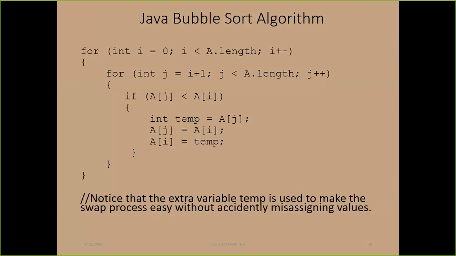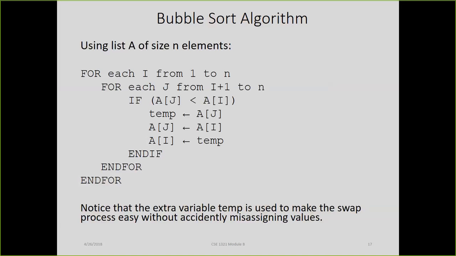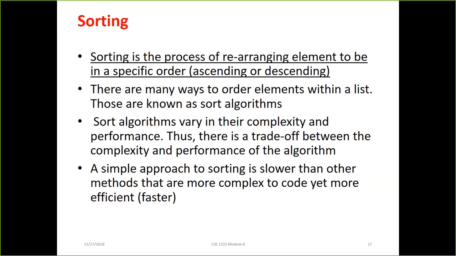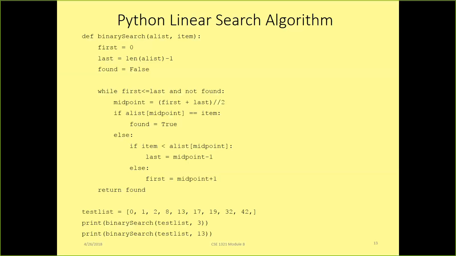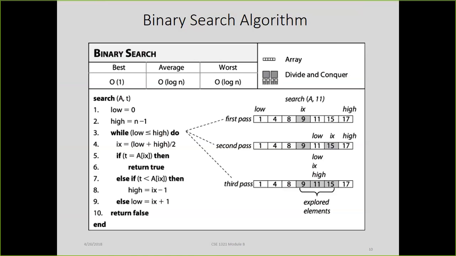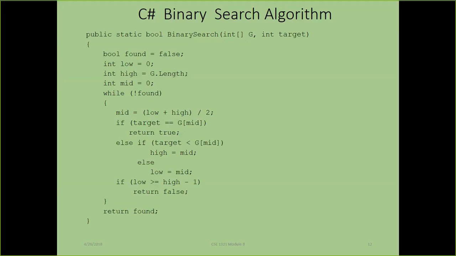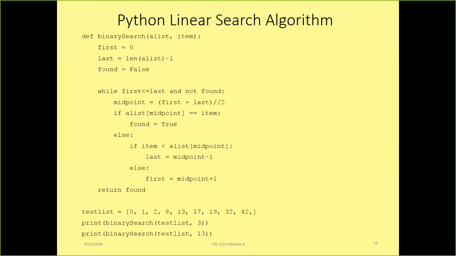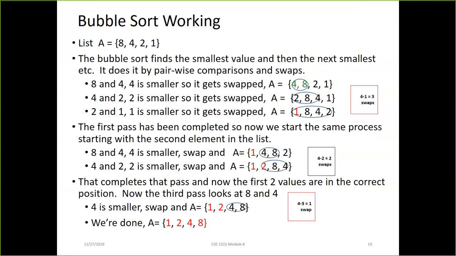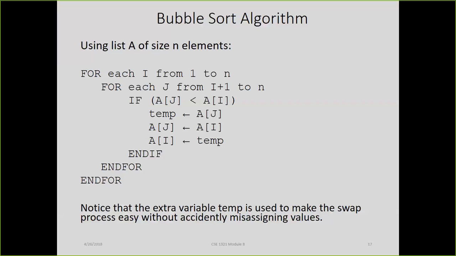In pseudocode, 1 to n means n is included.